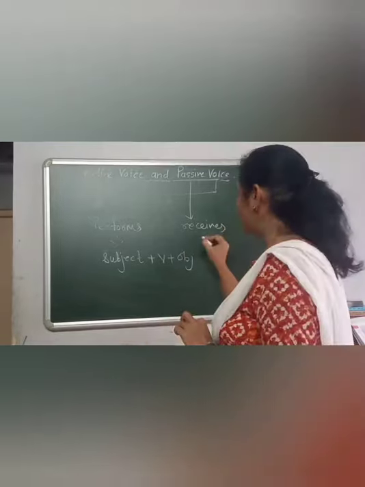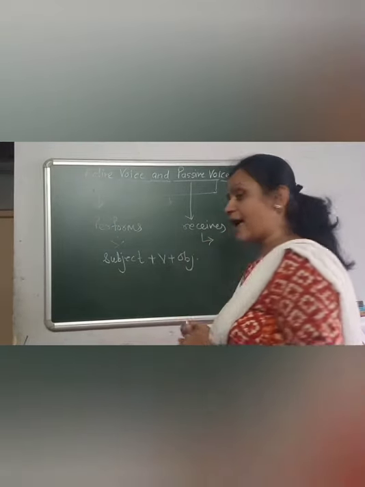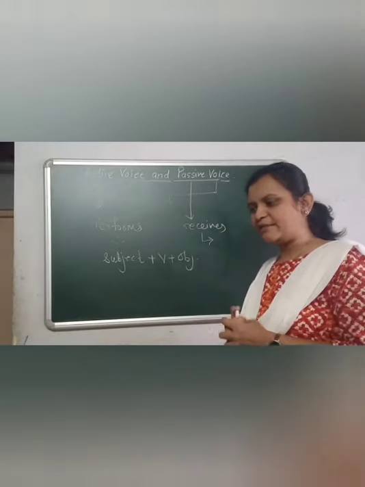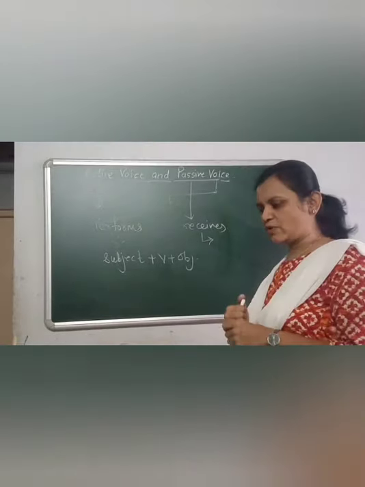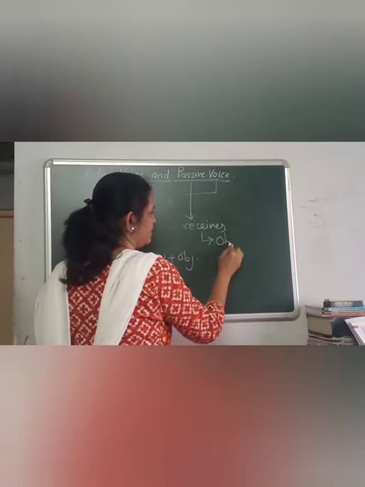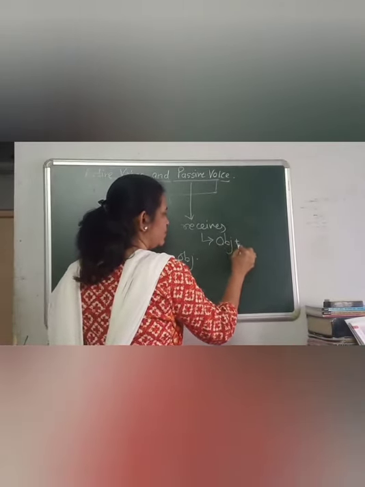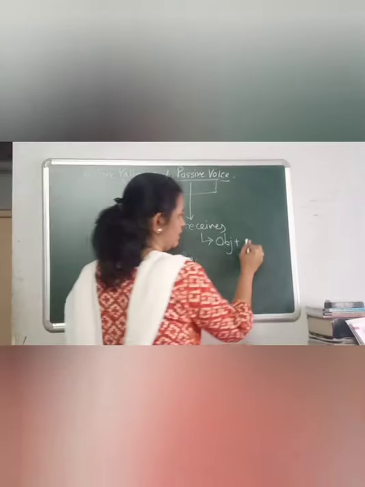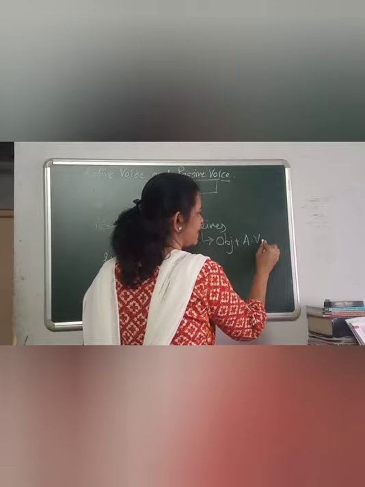And what happens in the passive voice? Here the action is focused. Which action is done by the subject, that is focused. So, in passive voice, what is there in the beginning of the sentence? In the beginning of the sentence, the object is there. After the object, modal auxiliaries are there.